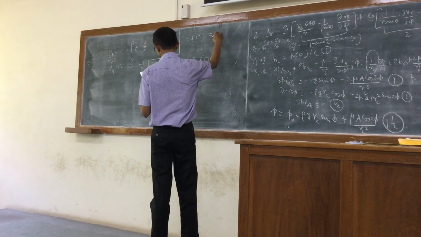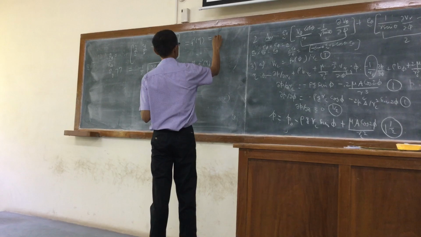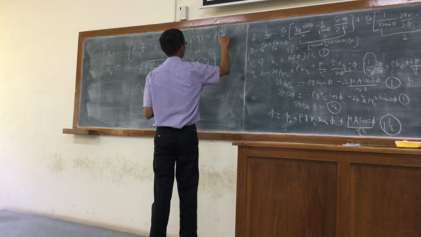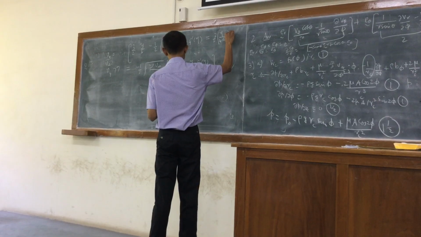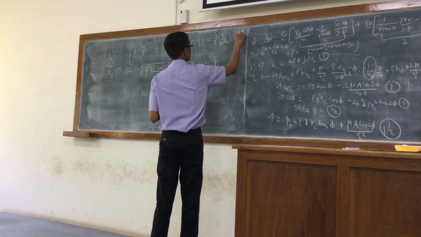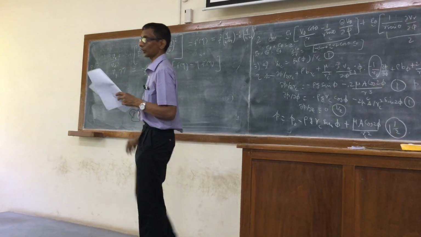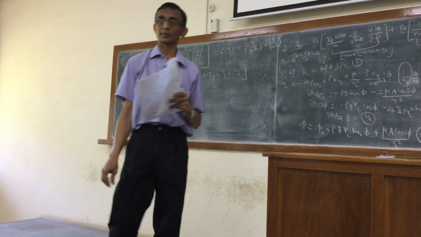This can also be written as 3 by 2 into eta by 4.64 minus half into eta by 4.64 cubed. This is just another way of writing it. You're supposed to check this, right?